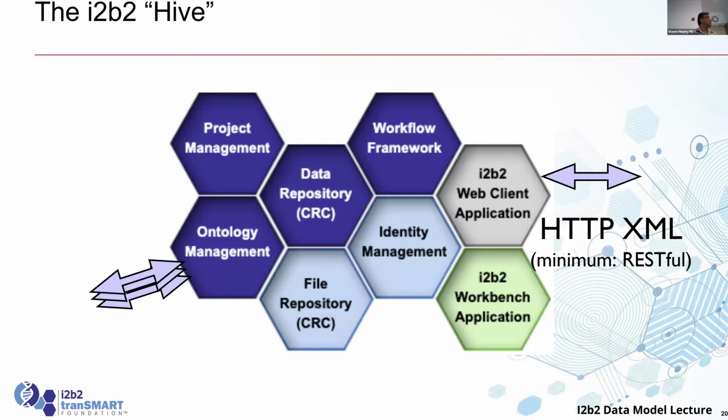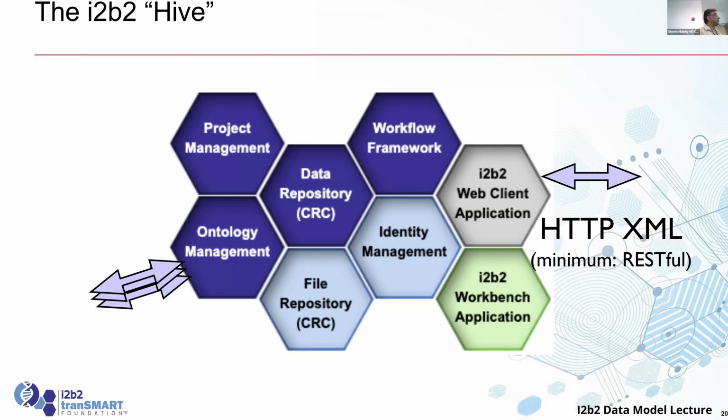The ones in the dark blue are the primary cells, so in order to really be an i2b2 platform, you really need those four. And then we had the identity management, which was a way of converting that patient number that Jeff was talking about, that fake number, into your real medical number or your EMPI number.